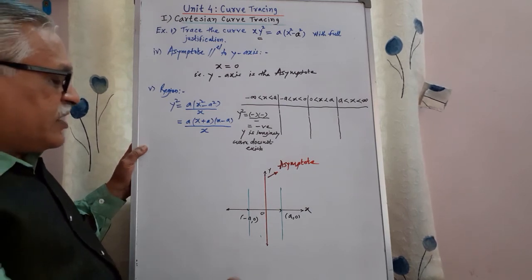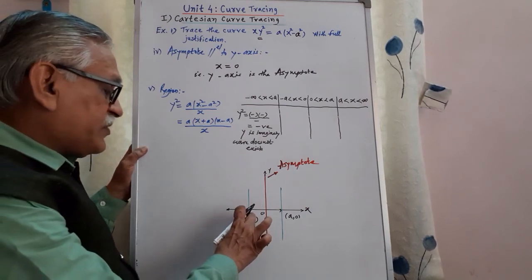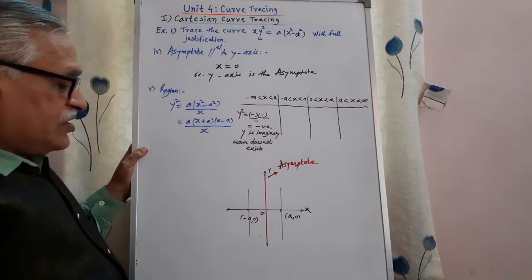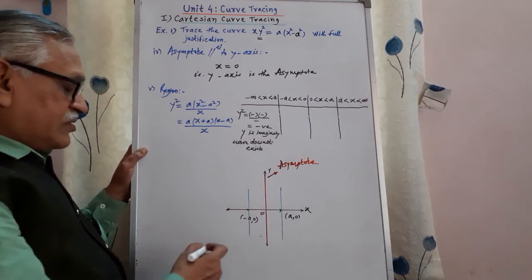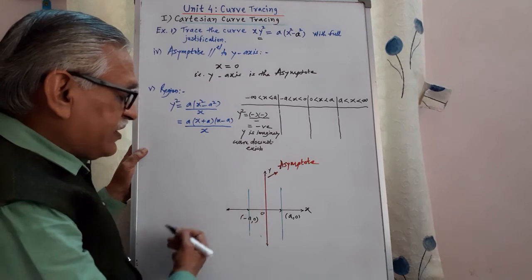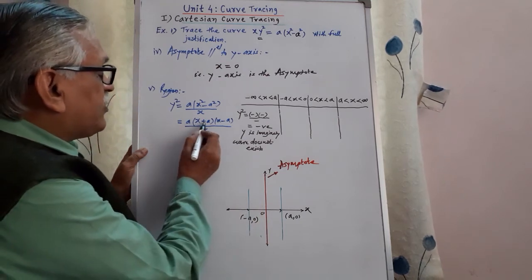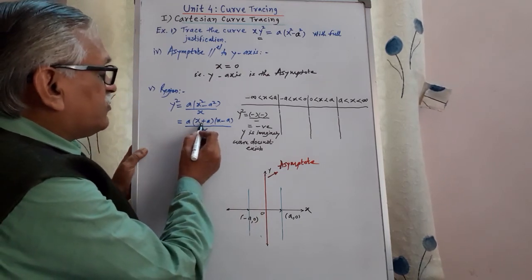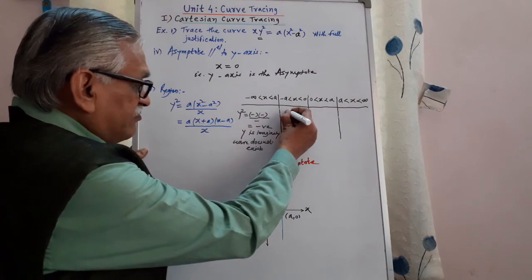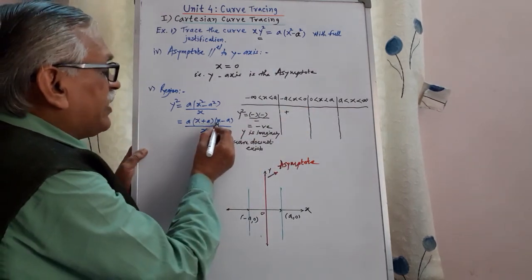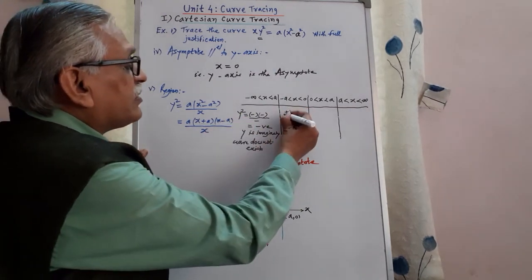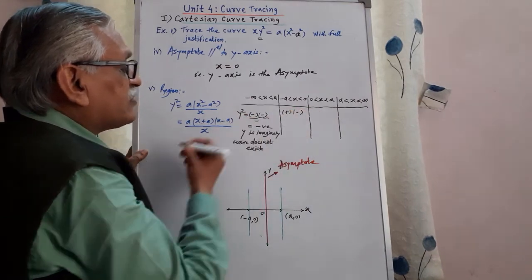Okay. Then we consider any value which is between minus a to 0. Suppose minus a by 2. A point between 0 and minus a. Minus a by 2 plus a, this is with positive sign. Minus a by 2 minus a, it is with negative sign.